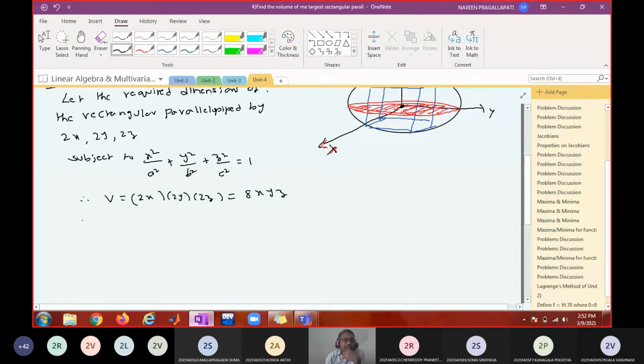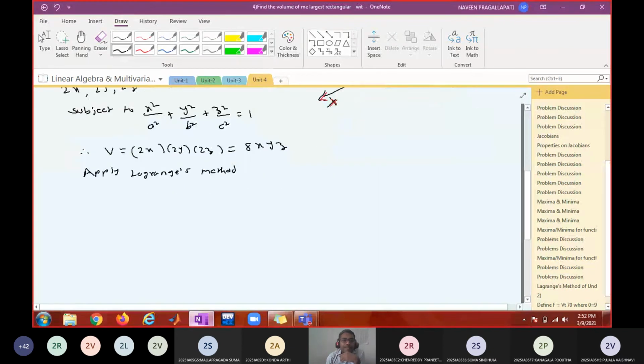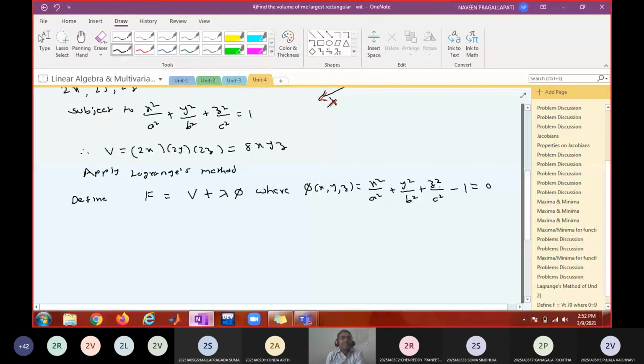Apply Lagrange's method. That means define capital F equal to V plus lambda into phi, where phi of xyz is equal to x square by a square plus y square by b square plus z square by c square minus 1 equal to 0.